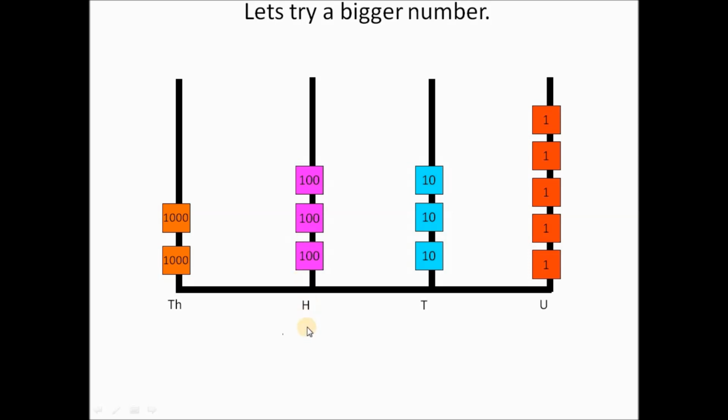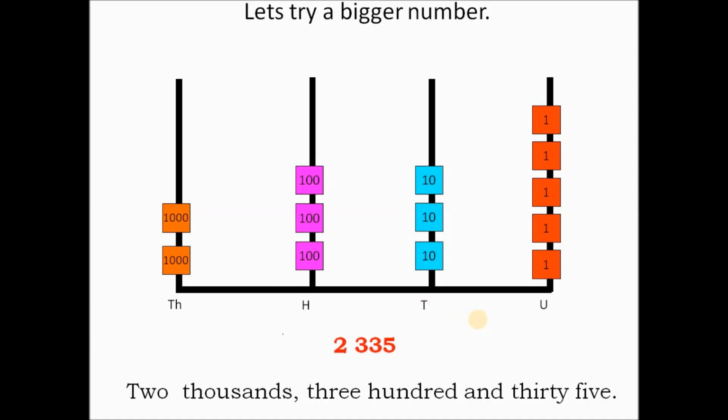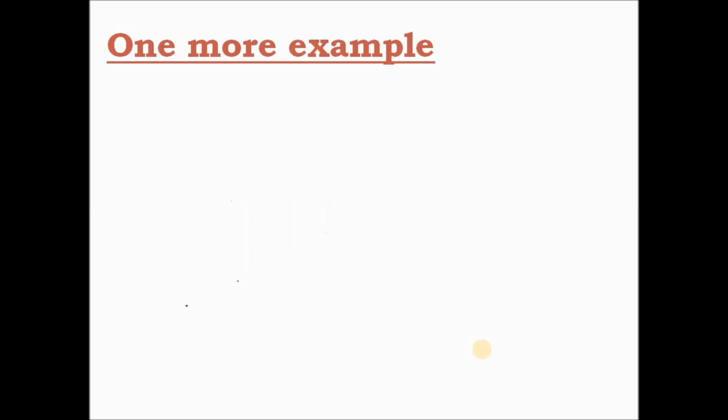So again 3. And there are 2 boxes in the thousands place. So 2. Therefore, the number will be 2, 3, 3, 5. That is, if I read this number, it will be 2 since 2 is in the thousands place, so 2335. So let us take another example.